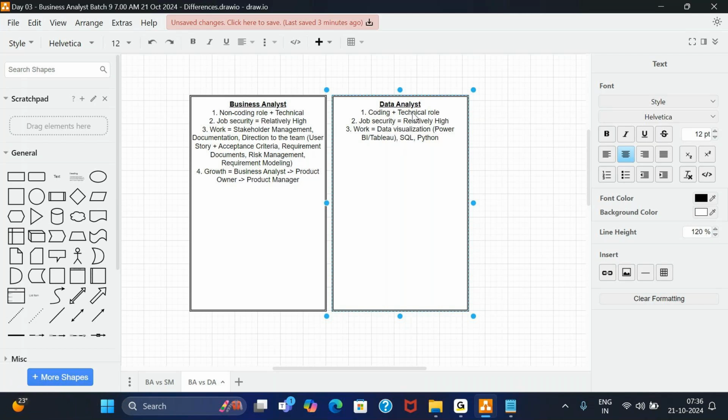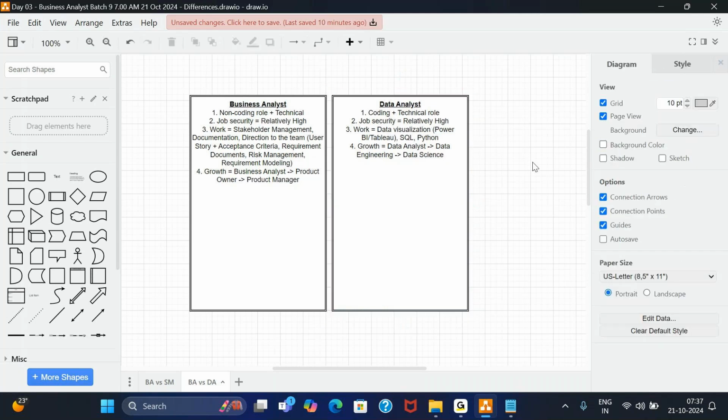Now for a data analyst, the career growth trajectory, and this is more of switching domains, is that maybe you can start from a data analyst and get into more sophisticated domains like data engineering, data science related kind of stuff. Or maybe if you are more interested in going through the ranks, then become a senior data analyst, become a data lead altogether, responsible for managing the entire data practice.